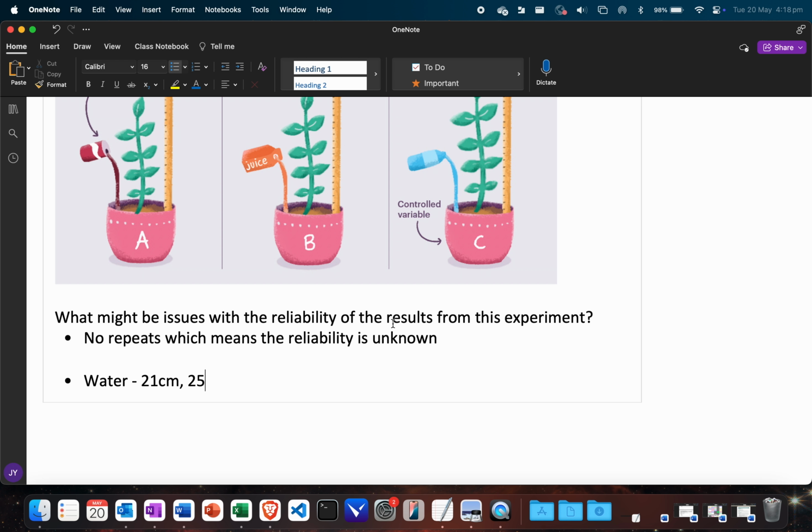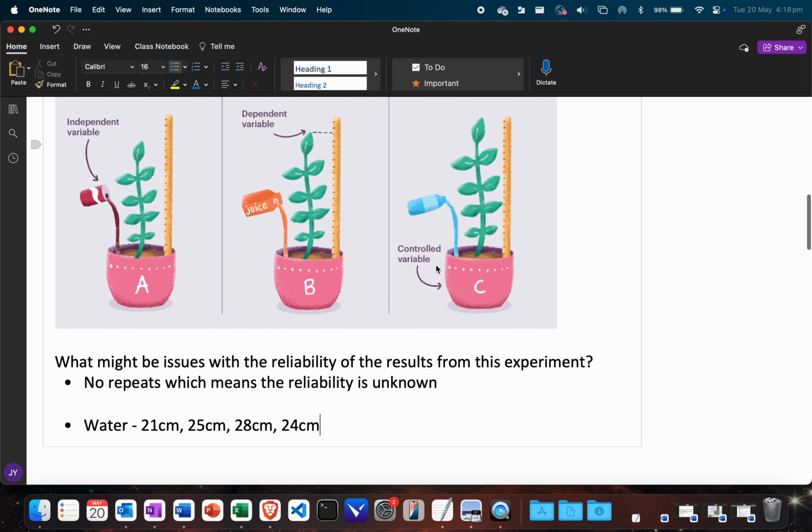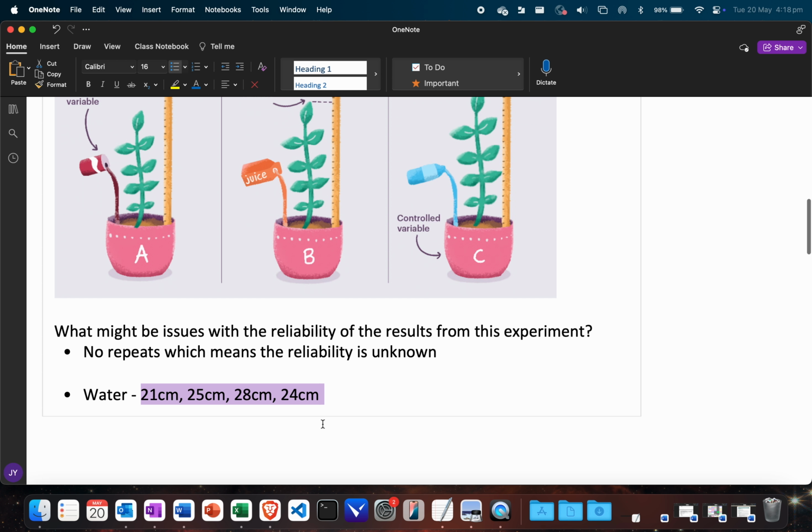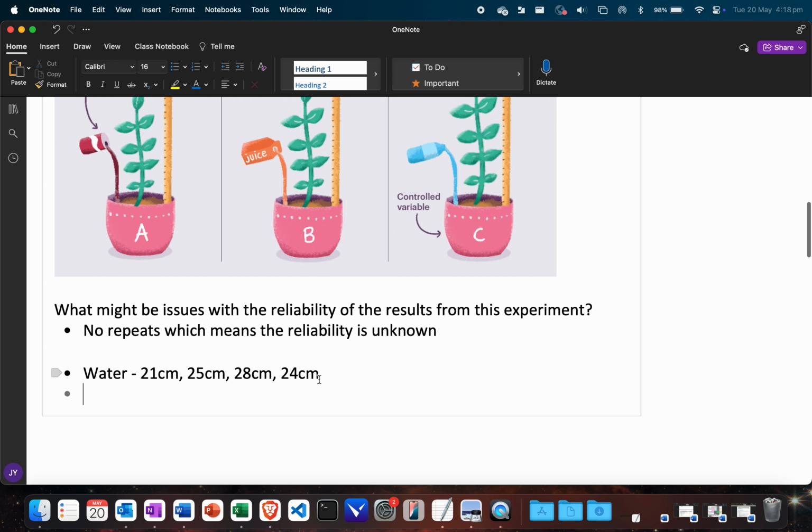Maybe it was 25 centimeters in the second, 28 centimeters in the third, and then back to 24 centimeters in the fourth trial. They did repeats. That's good. But are these answers consistent? Well, not very consistent.